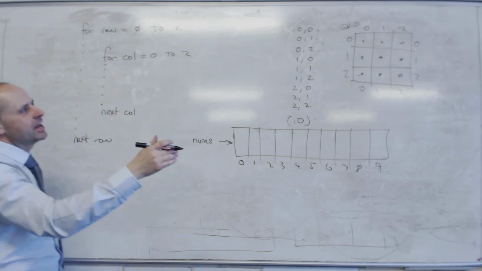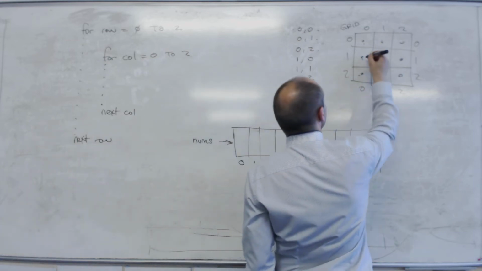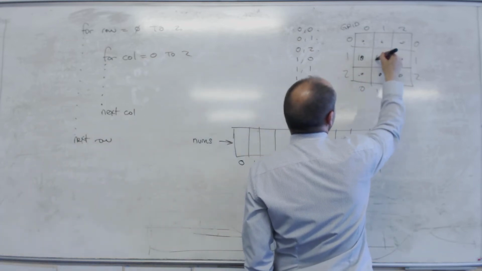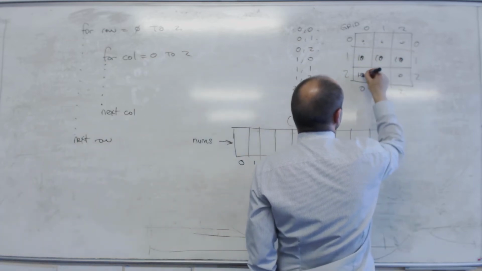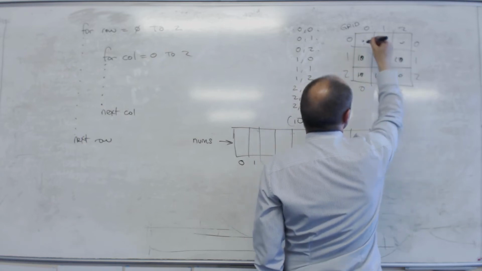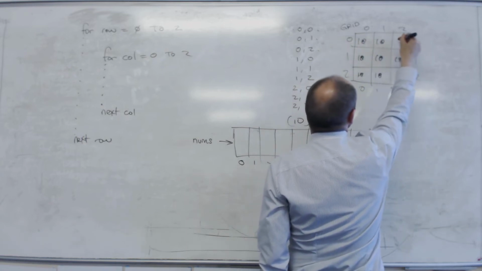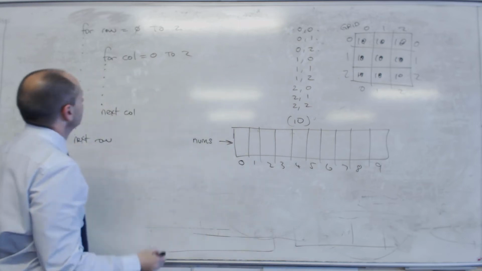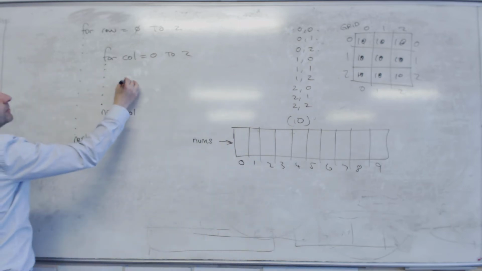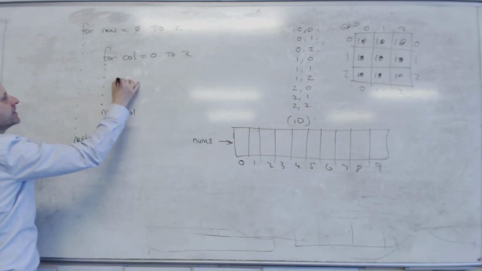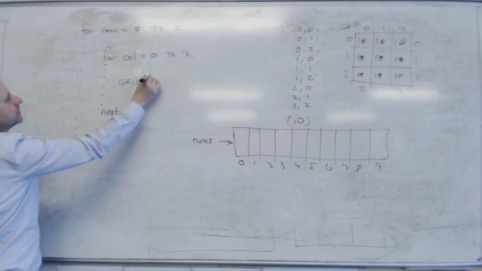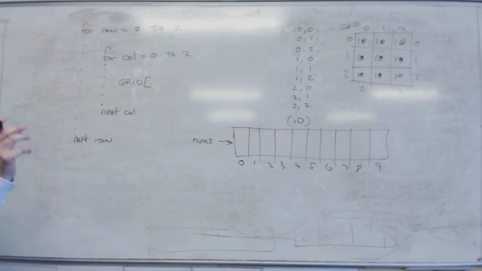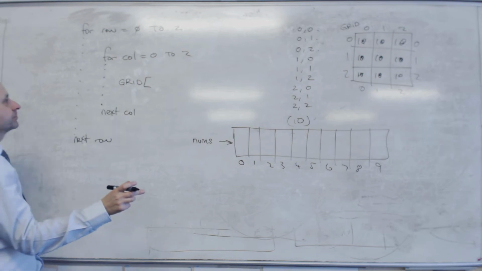So if I want to reset these all to, I don't know, I'm going to make them all 10. I need to put the name of the 2D array, which is called grid, then square brackets, and then I need to put 2 indexes down.